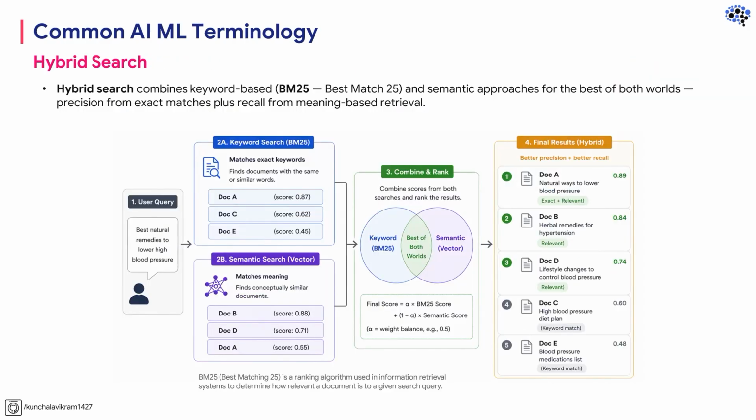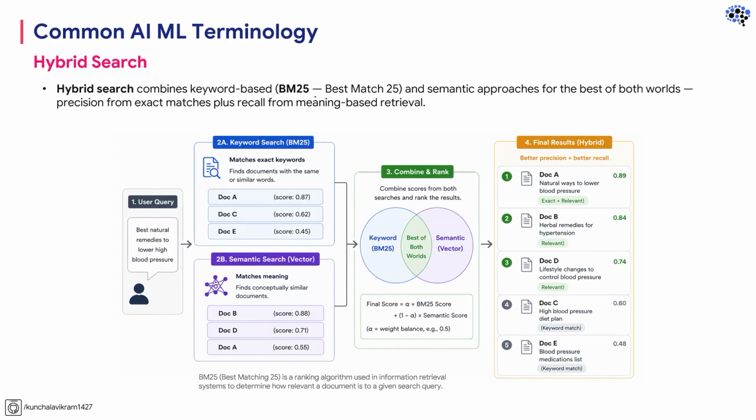But we also have something known as hybrid search, where instead of just finding the results which are semantically similar, I can also find the information in the vector database based on the exact keyword.